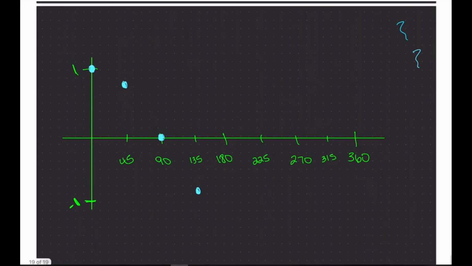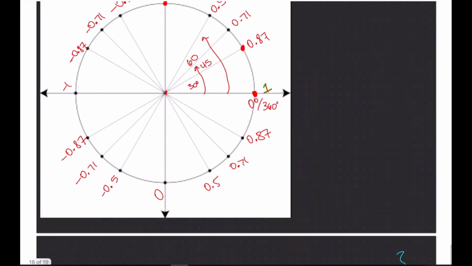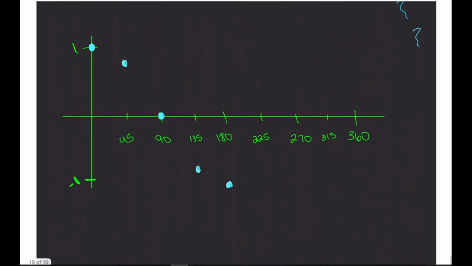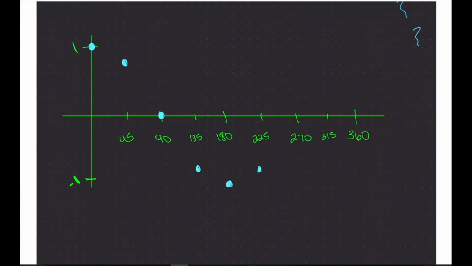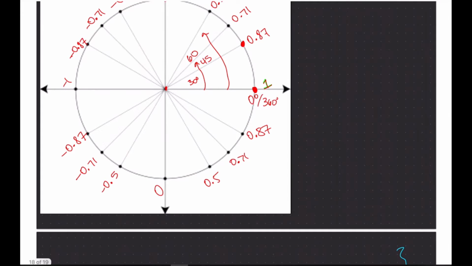Negative 1. Where are we at for 225? Be right here. Negative 0.71. So we're coming back up. What do we get for 270? So that would be 0.